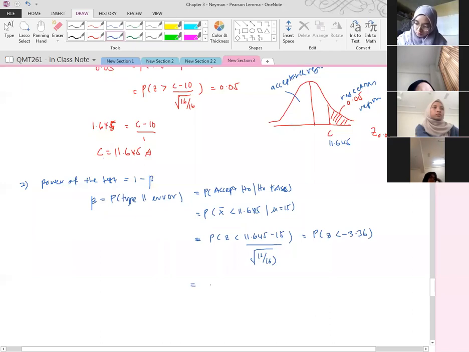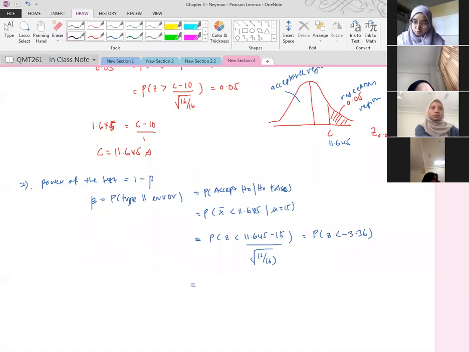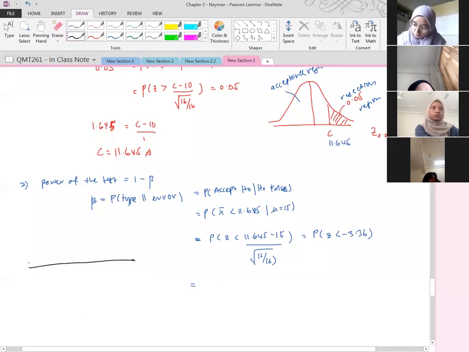This should be on the left hand side. The region that we want to find is on the left hand side, so negative 3.36. So what is the value?